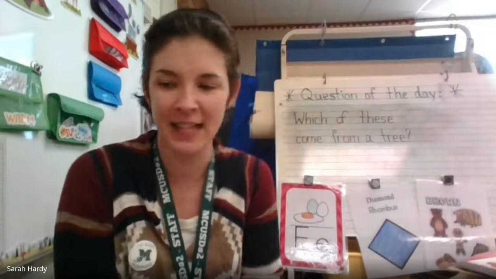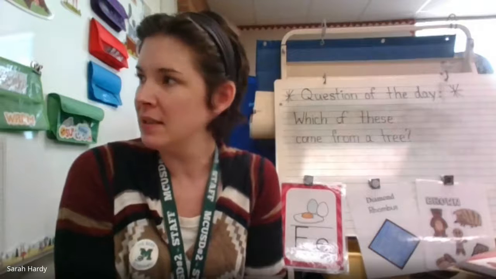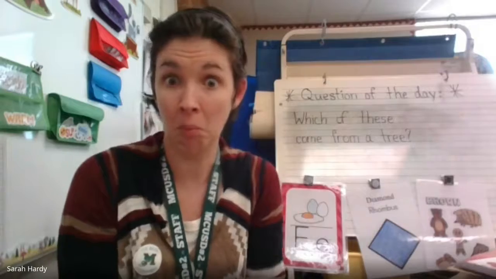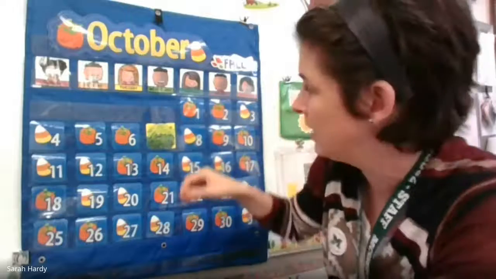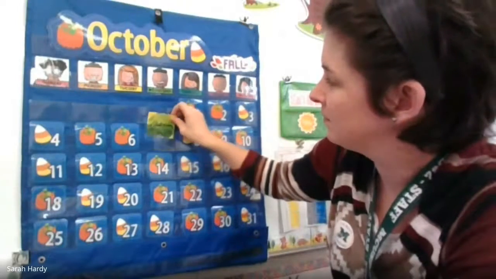All right, friends. Oh, wait. We haven't even done calendar yet. Whoa. We're going to do it really quickly, okay? So we're not even going to count today. I want to see if you guys know this number. What's the monster hiding? It's Wednesday. We move that monster.